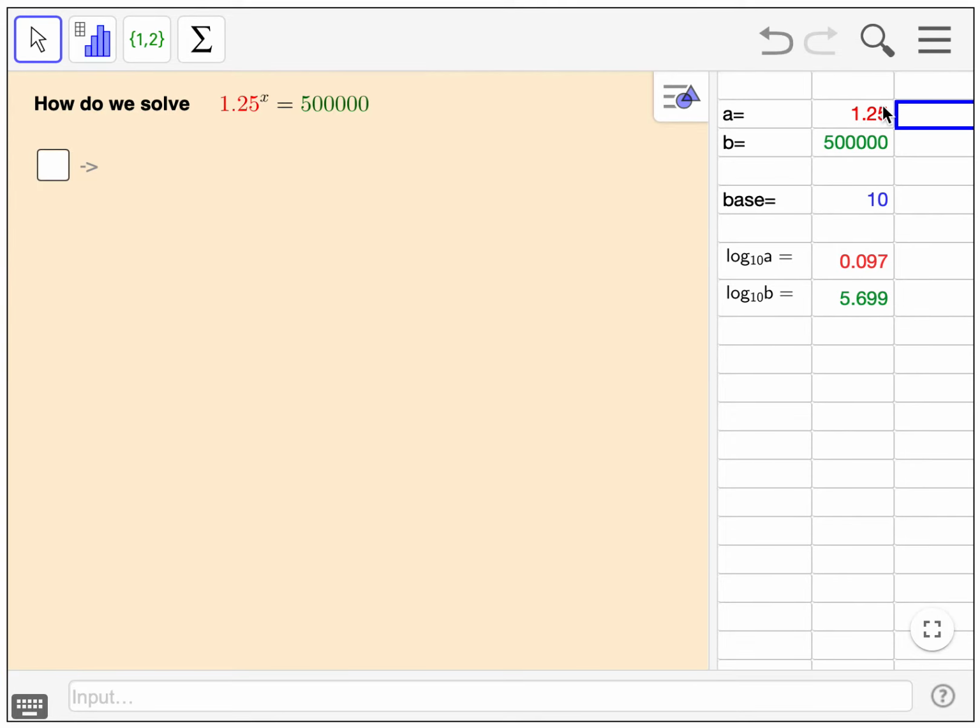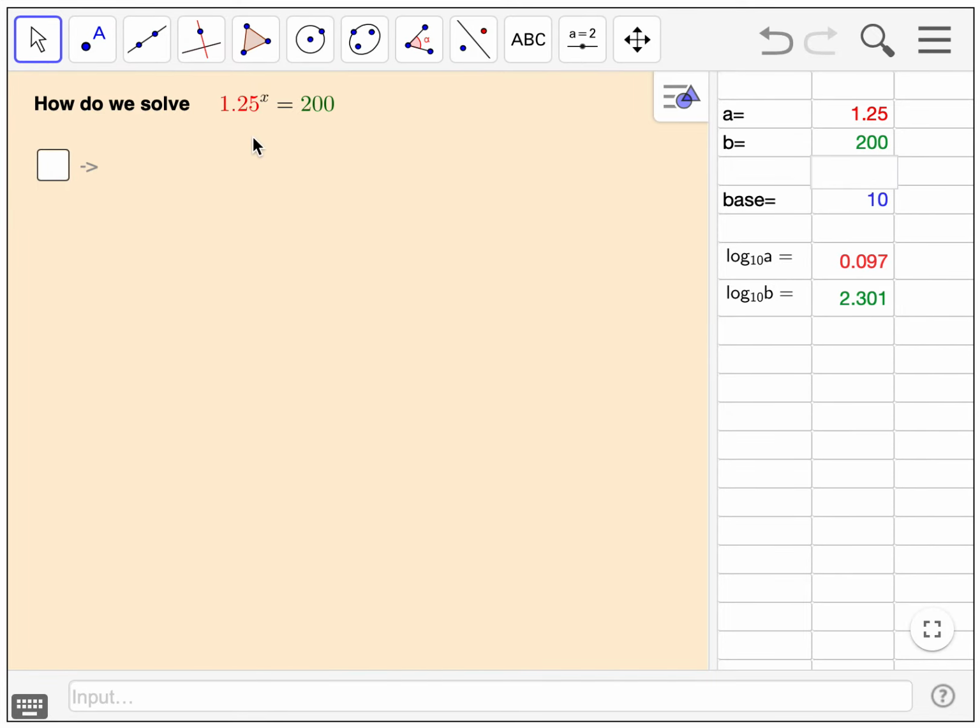And then you wonder when the result will be the same as, let's say, 200 times. For example, you're interested in a 25% increase, and how many times must you do so to get an overall result of 200 times the original value? That is the usual type of exponential equation that you come across in everyday life situations.